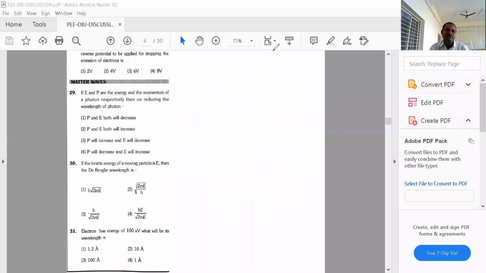The wavelength of an electron which is accelerated through a potential difference of V volt is 12.27 by root of the potential difference, in angstrom. This is the value. That is very important for your board exams.